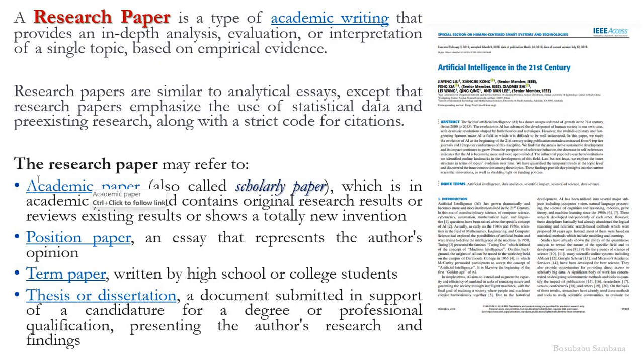A research paper is a systematic approach to one type of academic writing that provides in-depth analysis and interpretation of a single topic or multiple topics based on empirical facts or evidence we have, and we analyze based on truth or fact finding, either in a descriptive way, an experimental way, or an action approach.